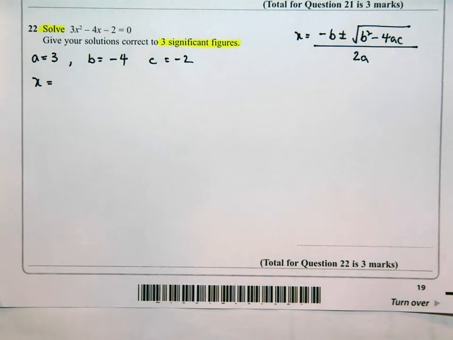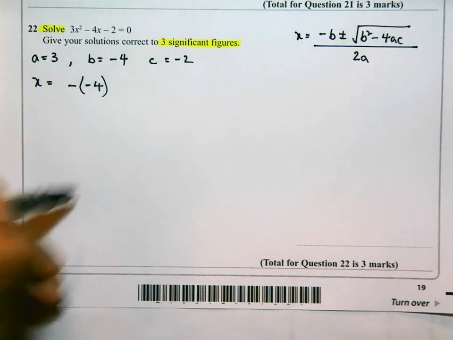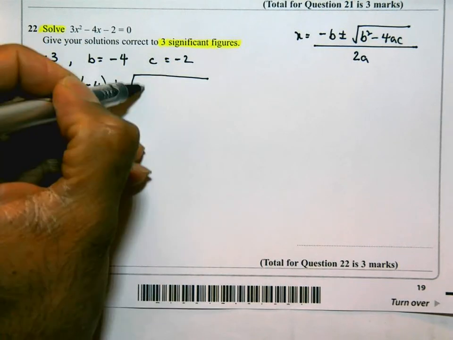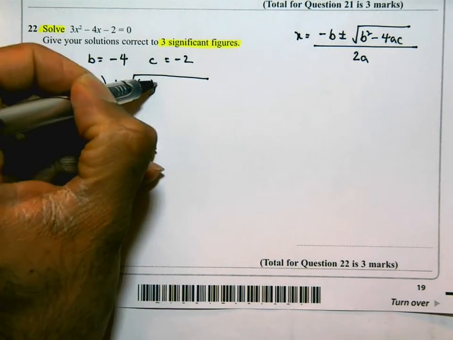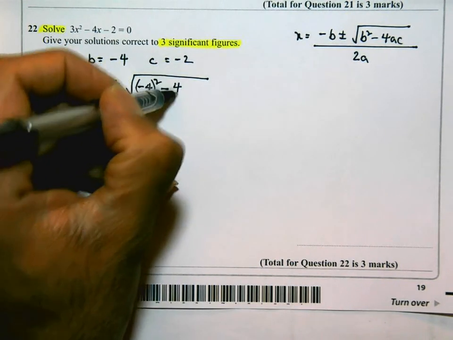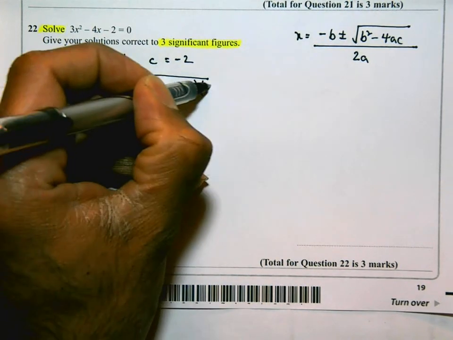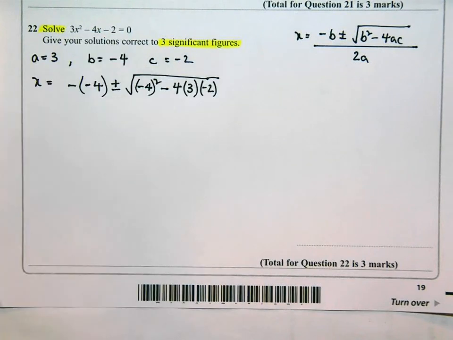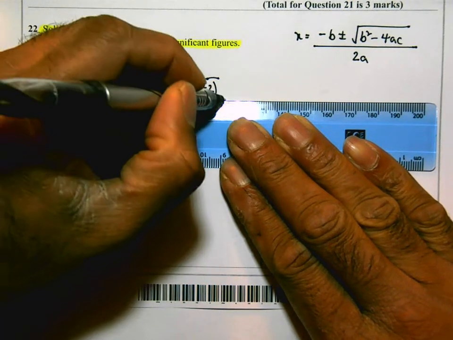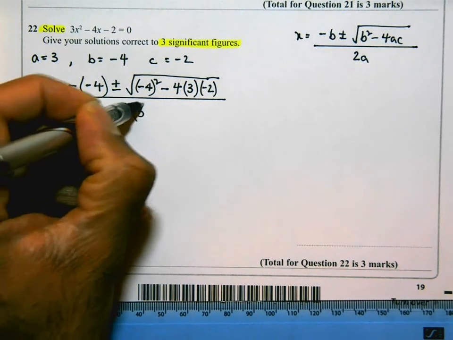X is equal to minus b, so minus b is minus 4, I'm going to put that in brackets, plus or minus the square root of b squared, which is minus 4, all squared, minus 4ac, and all of that divided by 2a, which is 3.